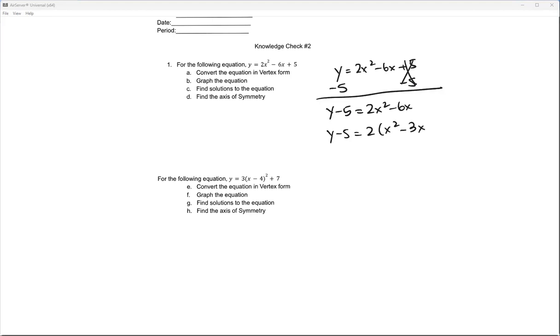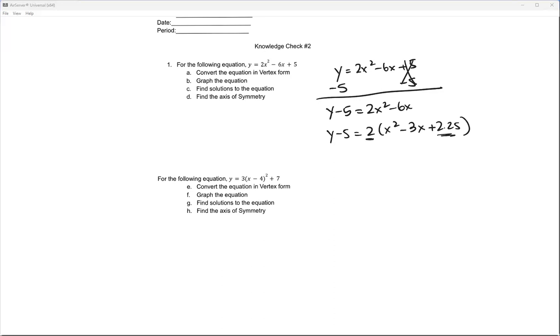So 3 divided by 2 is 1.5. 1.5 to the second power is 2.25, right? So it's plus 2.25. And then if we add 2.25 to this side, we're multiplying it by the 2, so it's 4.5.